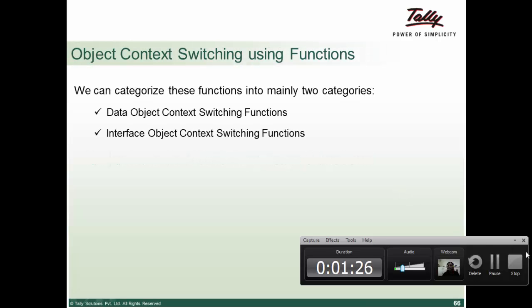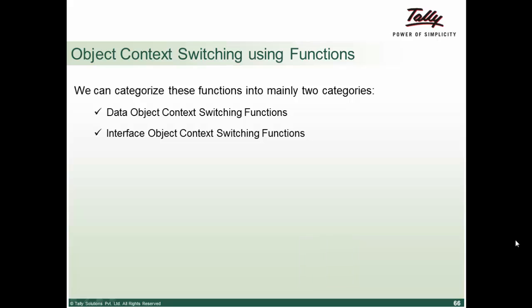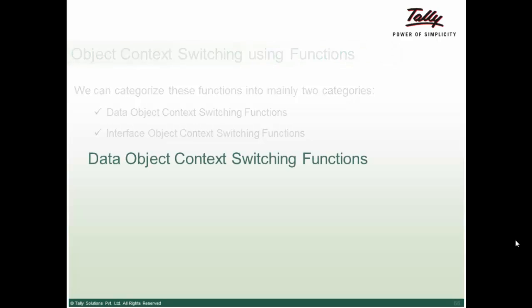We can categorize these functions into two categories: data object and interface object. There is a set of functions which helps us switch the data context, and a set of functions that helps us switch between the interface objects.